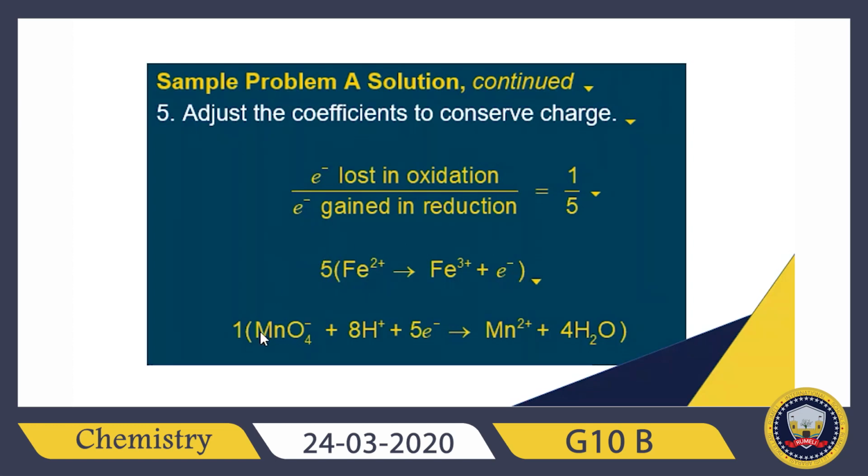And for the reduction reaction, this reaction gained 5 electrons, so we multiply it by 1, and this way we'll have an equal number of lost and gained electrons. So here 5 electrons lost in oxidation and 5 electrons gained in reduction.